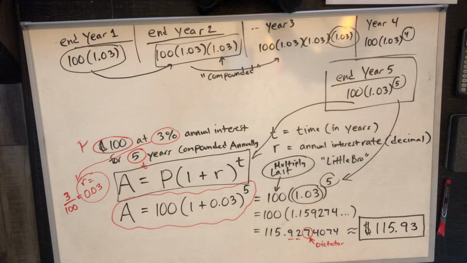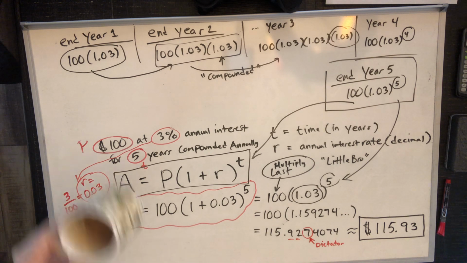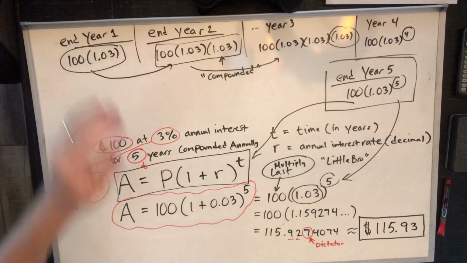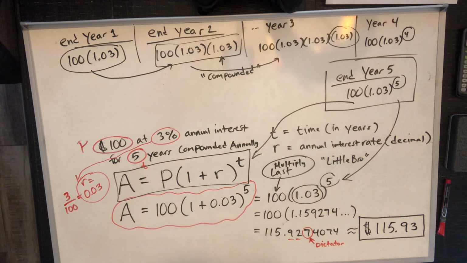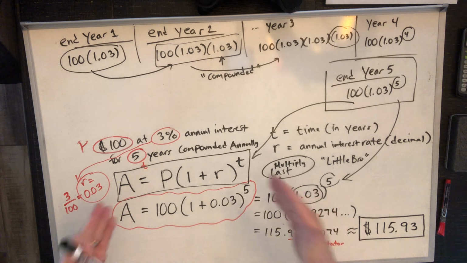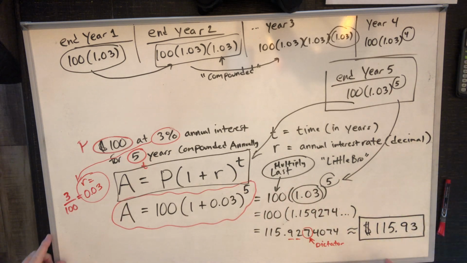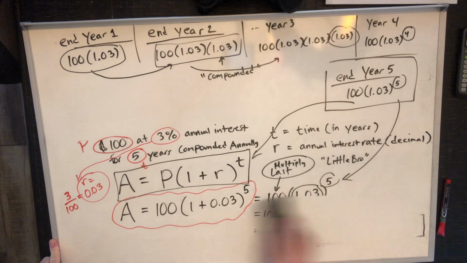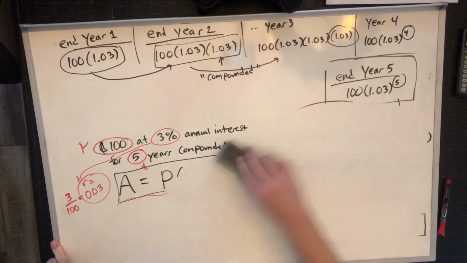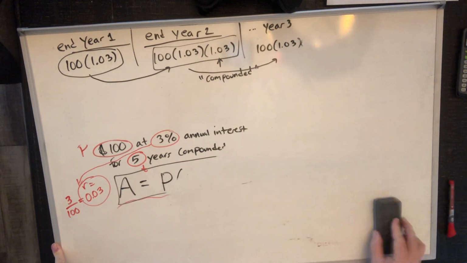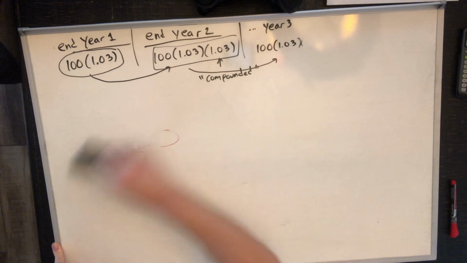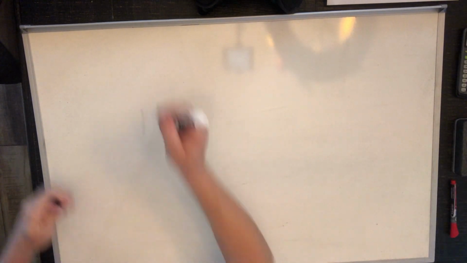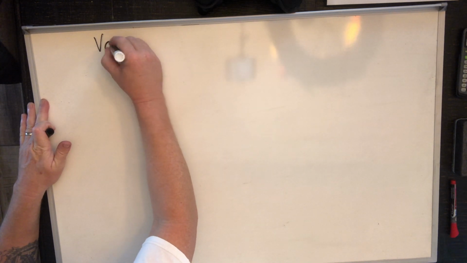We covered linear growth in a previous chapter. This chapter is all about exponential growth. So let's just go ahead and put that in the bank. $115.93. And we have our first formula. So there are various compounding periods.